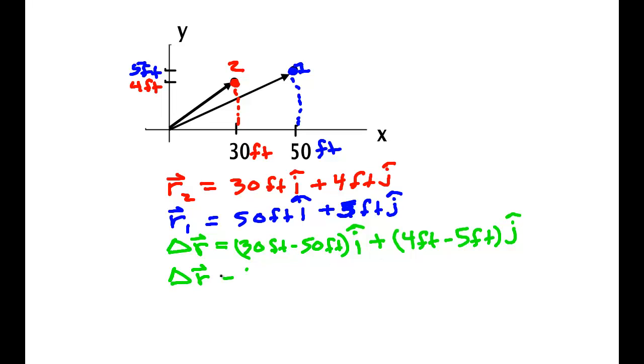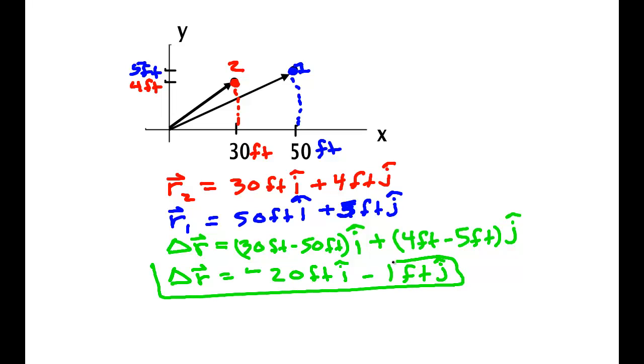So delta R, the displacement, is minus 20 feet i hat minus 1 foot j hat. And that's the answer to this problem. That's the displacement. If we look at that, we see it's a vector that goes like this. It goes over 20 feet this way, so it's going in the negative x direction, just like the math said, and the ball fell. The batter's right here, the ball is coming toward the batter, and the ball is also dropping.